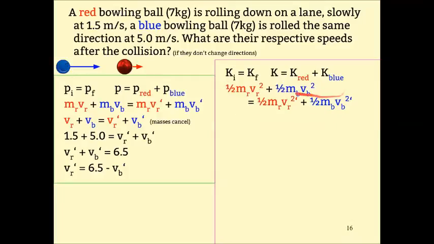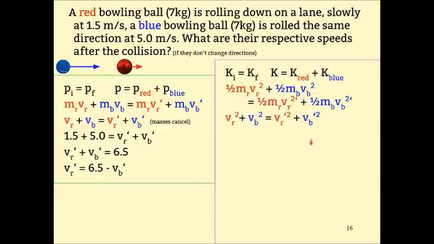Because every term has a 1/2, and because the two masses are equal, we can take out the 1/2 m from every term, and it cleans it up pretty well. So this says velocity of the red squared plus velocity of the blue squared is equal to the velocity prime of the red squared plus velocity prime of the blue squared.